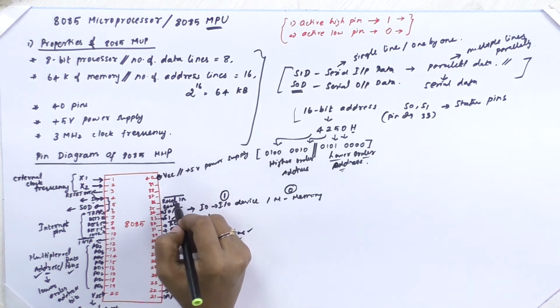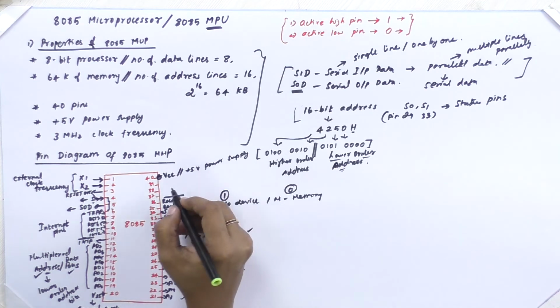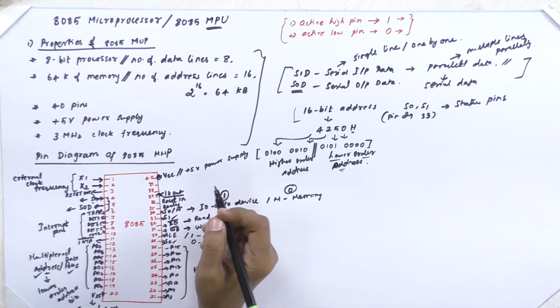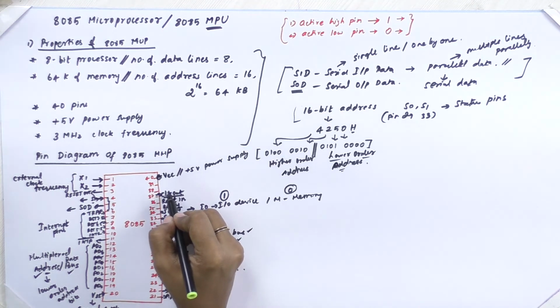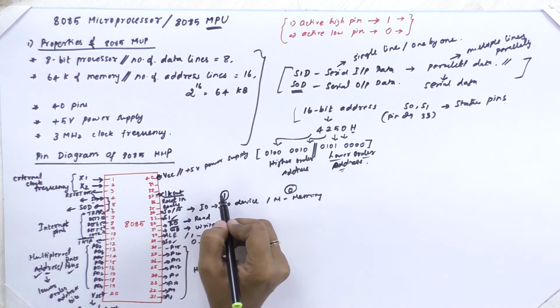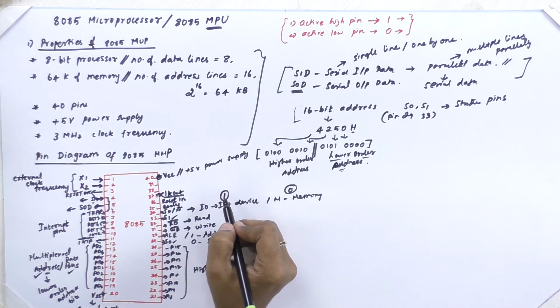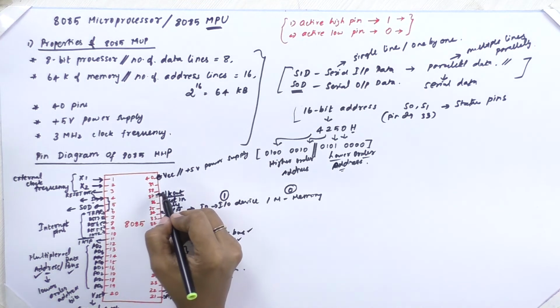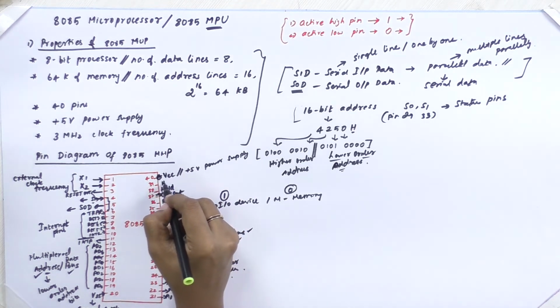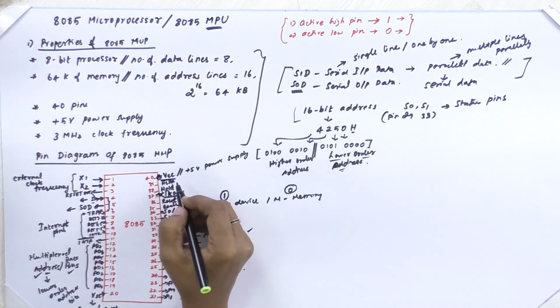So that is the function of the reset in pin. Next, clock out. Clock out means the clock signal or clock frequency is given to externally connected peripheral or IO devices. And the 38th pin is hold, and the 39th pin is hold acknowledge.